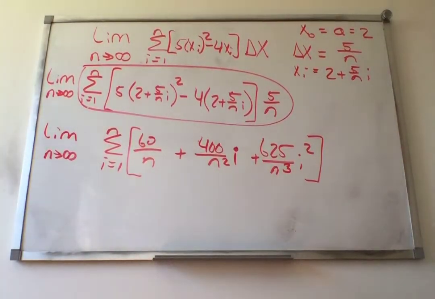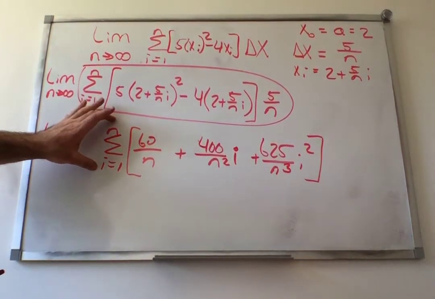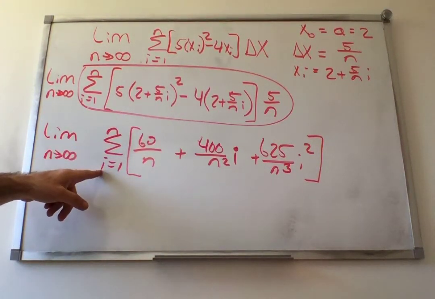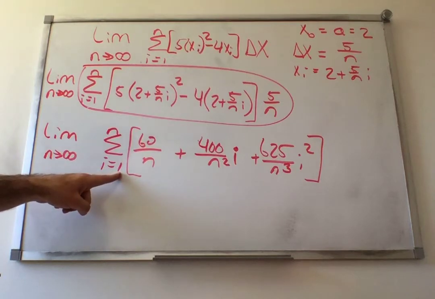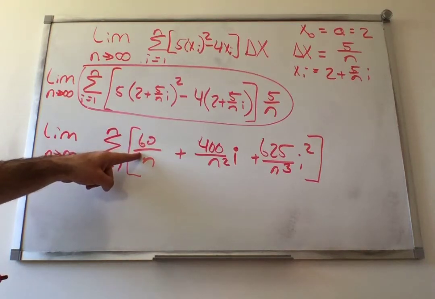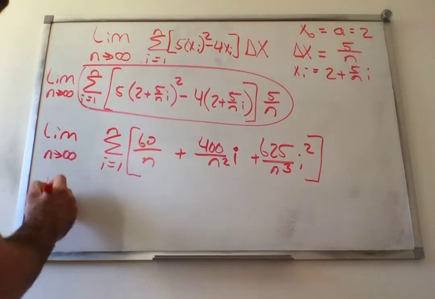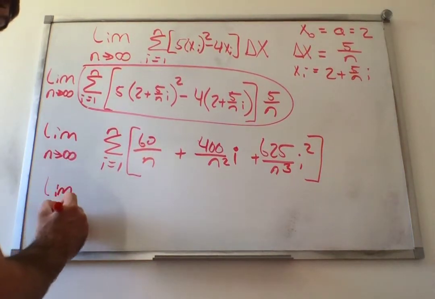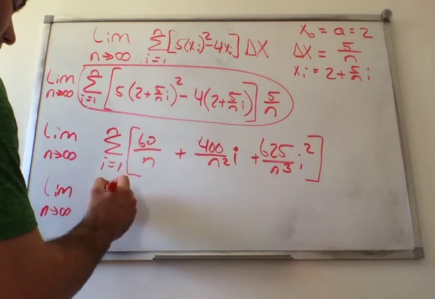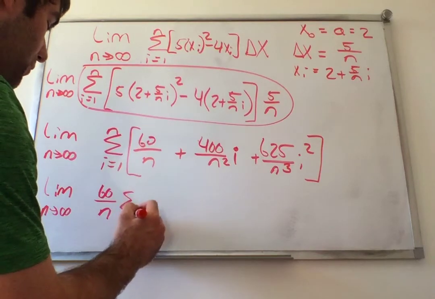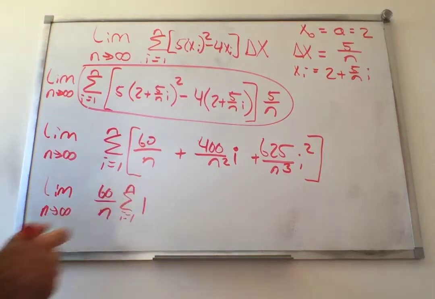Alright, so let's take a look at what we have here. We've got the sum of these terms. Now, the sum is over the index i. This first term doesn't have any i's in it, okay? So we still have the limit way out here, n goes to infinity, of 60 over n times the sum i equals 1 to n of just 1.